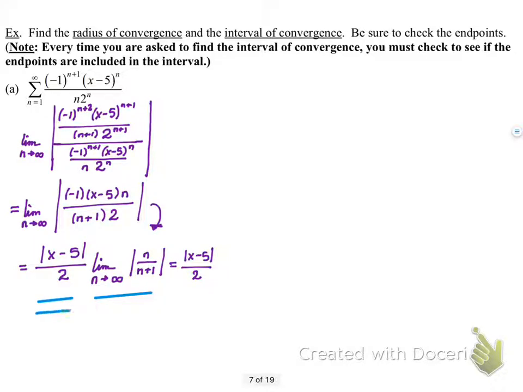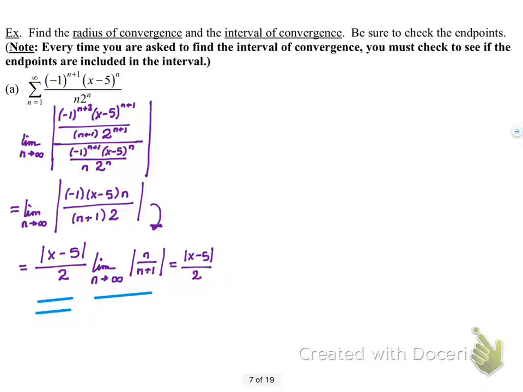Actually, it has nothing to do with that limit. And we're trying to figure out the limit. Well, the limit there for that second part is just 1, which makes everything, when we take the limit, turn into the absolute value of x minus 5 over 2.